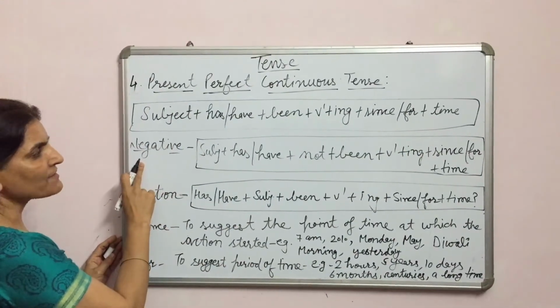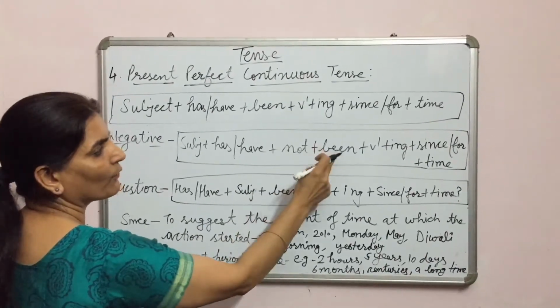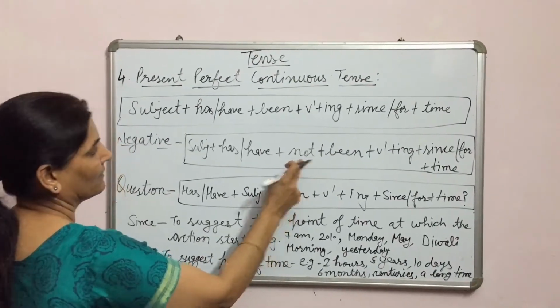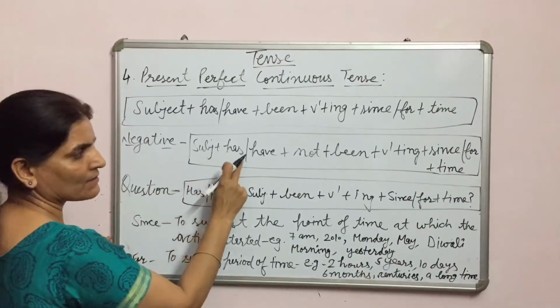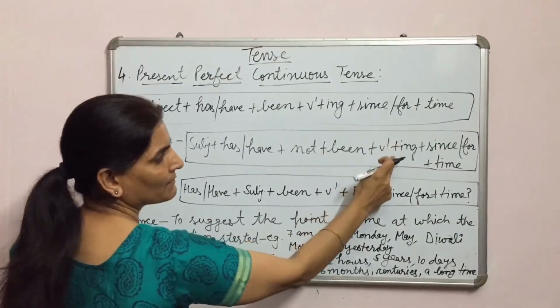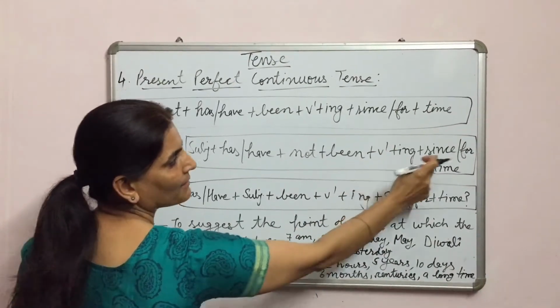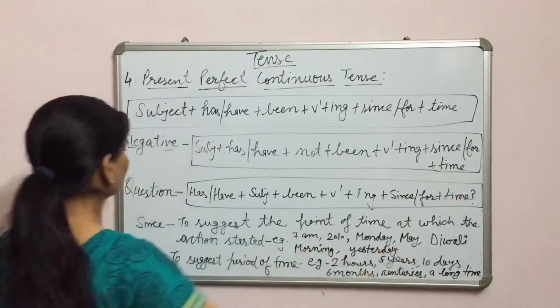Since or for will be used for the time, since for exact time and for for the period of time. While making negative sentence, we will use not before been, and the structure will be subject plus has or have plus not plus been plus V1 plus ing plus since or for, and after that time.